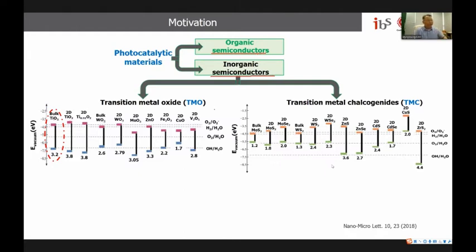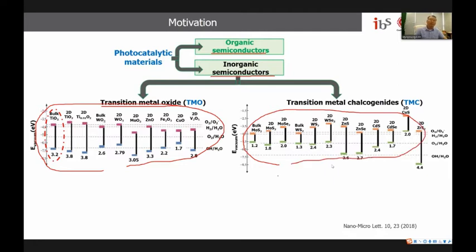Today, as you can see here, there are several transition metal oxide materials. In addition, also transition metal chalcogenides. So nowadays, many people are working on those two areas.